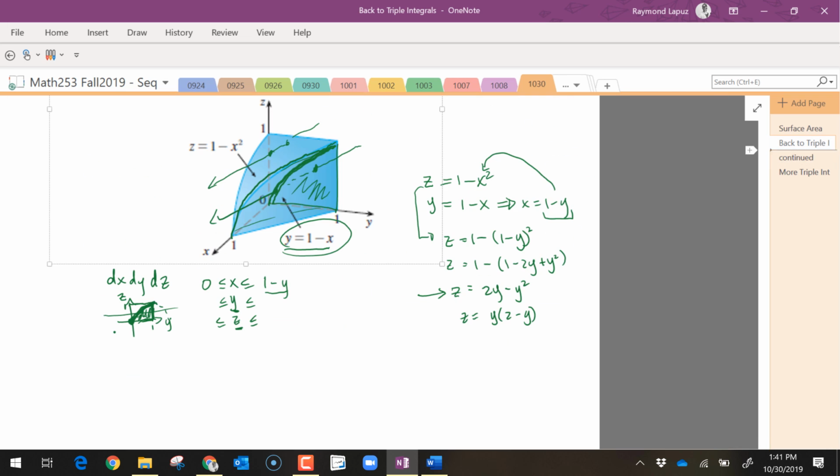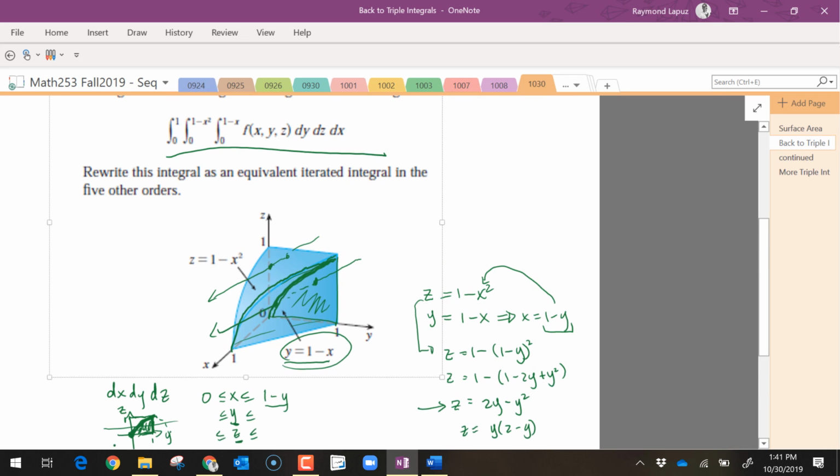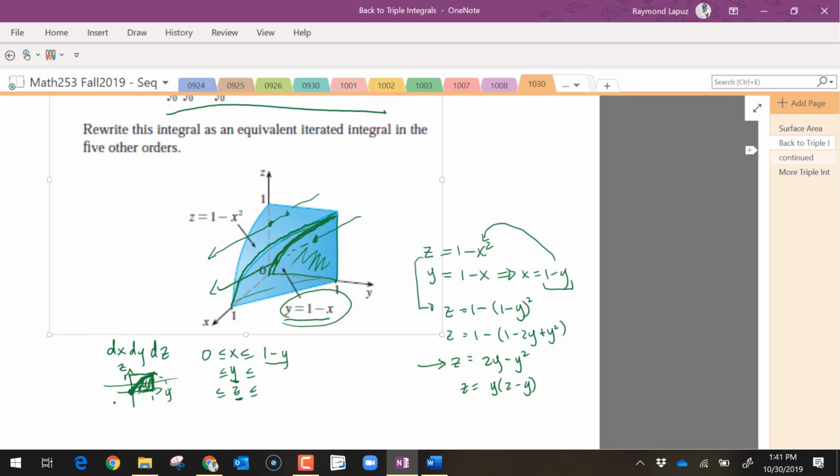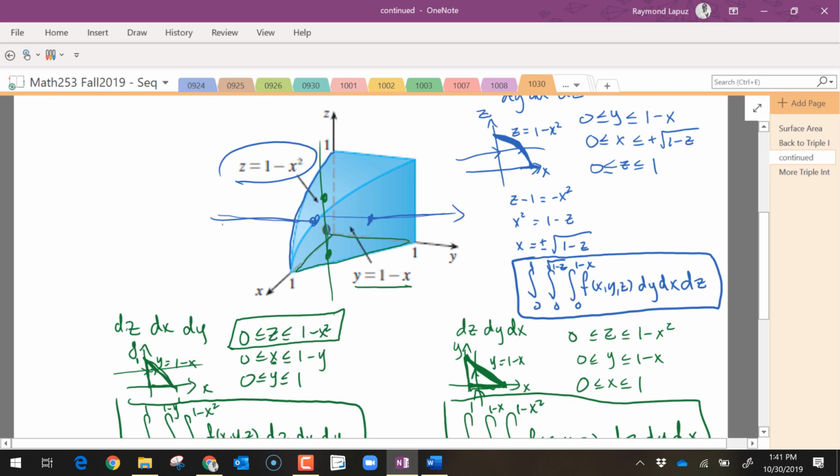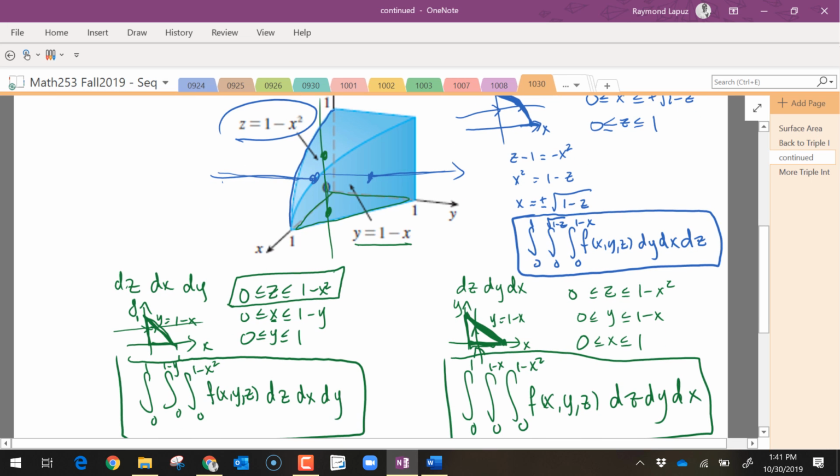I think I won't expect you to be able to do something like this, but instead of saying do this in the 3 different ways or the 6 different ways, I'll just say do it with respect to x first, and then do it with respect to y, and then I won't have you do it with respect to z if it's as hard as the other one.